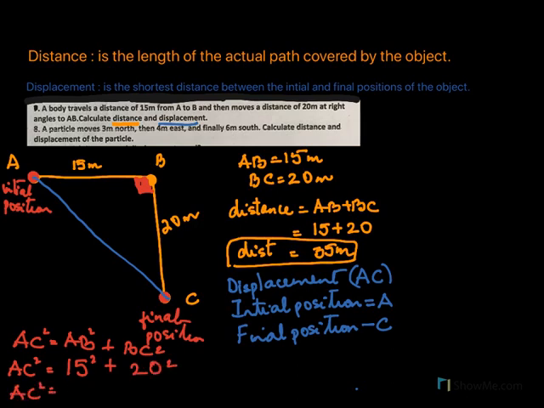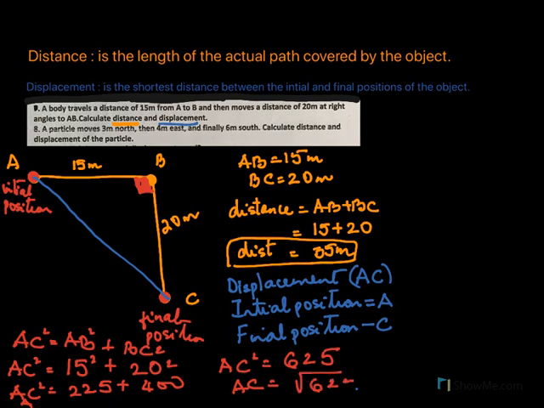So your AC square is 225 plus 400, and the AC square will be 625. AC will be the square root of 625, and that is 25 meters. So my displacement here is 25 meters.